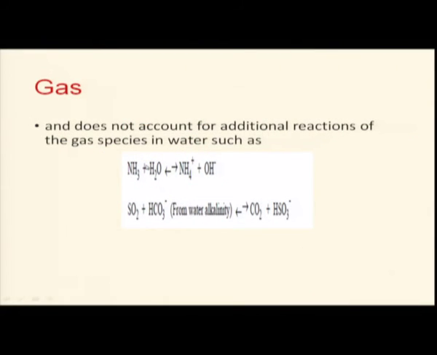But this does not hold good for any gaseous chemical species that undergoes reaction in water due to acid base nature. For example, consider ammonia. If it is solubilized in water, it gets converted into ammonium and hydroxide ion. And similarly, sulfur dioxide, if it reacts with bicarbonate in water, the bicarbonate reacts with this sulfur dioxide and gets converted to bisulfite and carbon dioxide. So, under these types of conditions, if a new species is formed, usually Henry's law does not hold good.